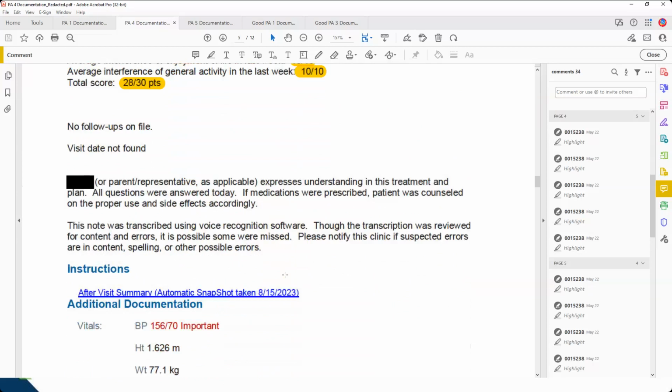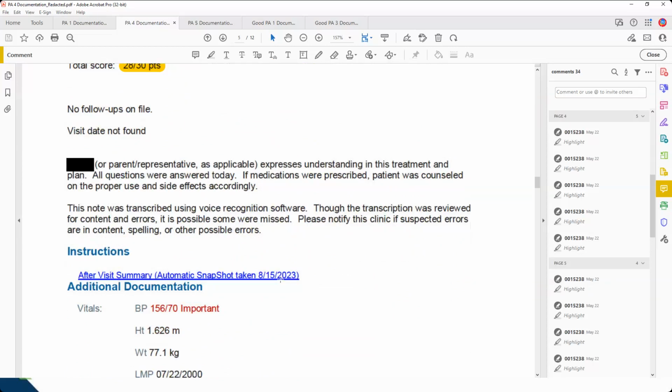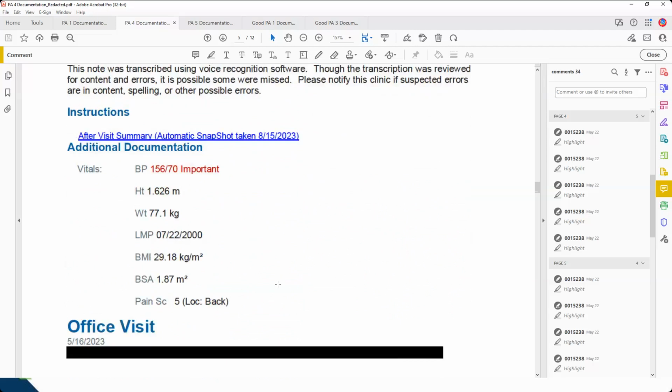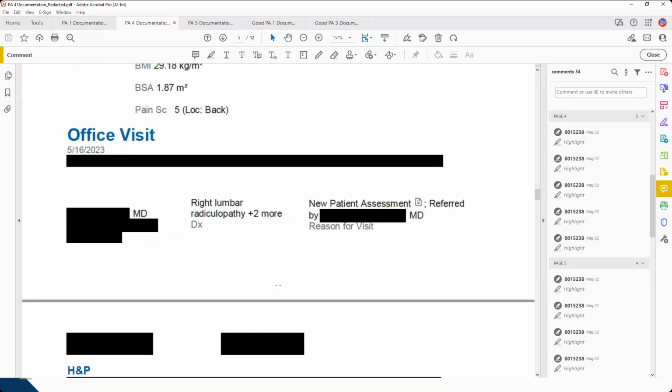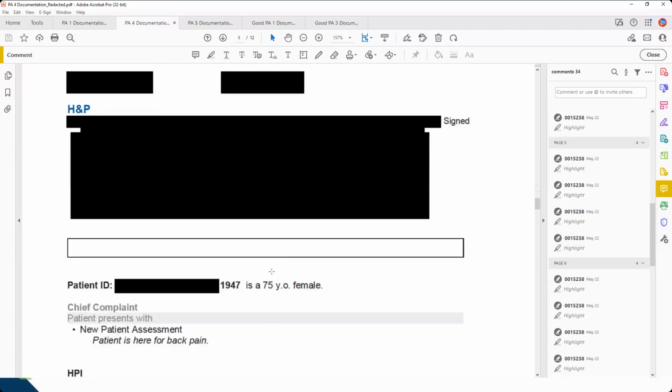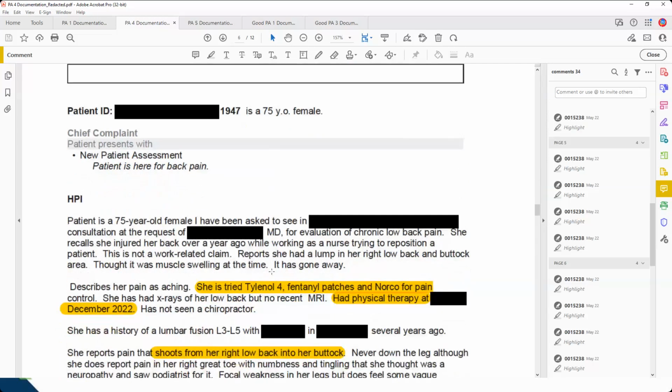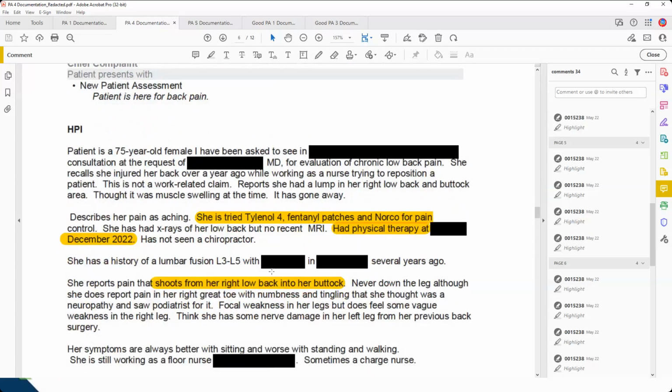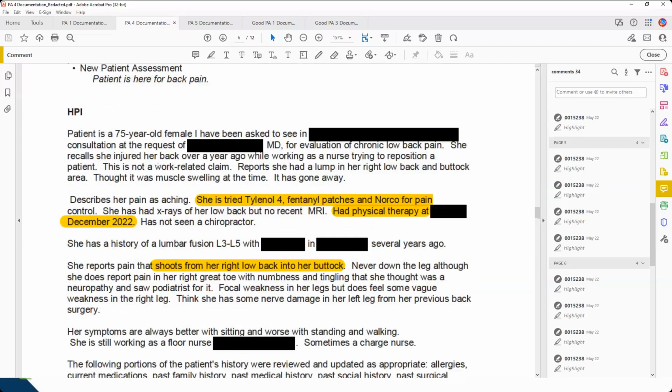So again, the PEG information, and I'm trying to scroll a little bit slow so as not to cause this to be an issue as people are looking at it. So again, here's a little bit of information in her history and how she describes her pain, that she's tried Tylenol, fentanyl patches, Norco for the pain control.